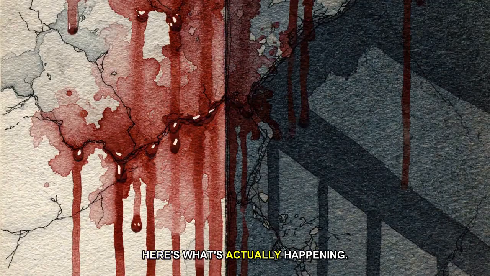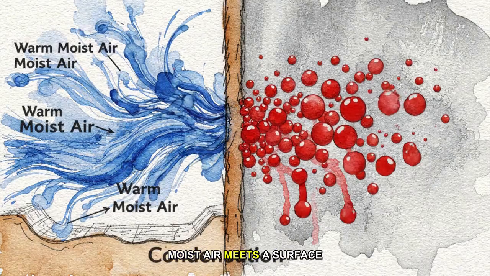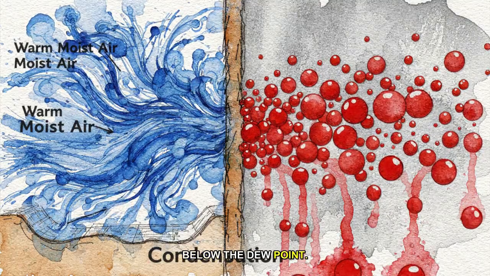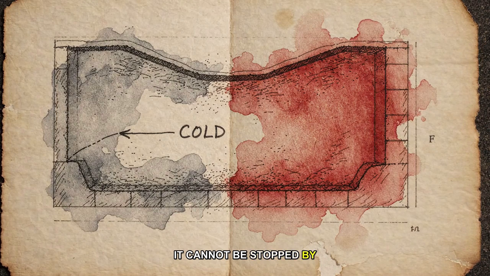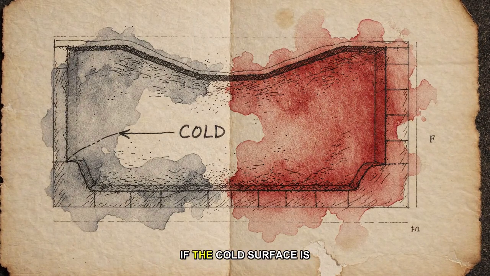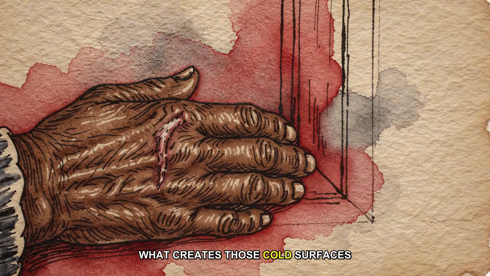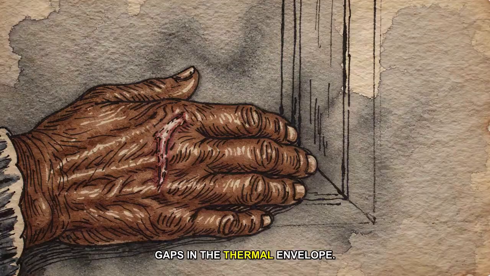Here's what's actually happening. Condensation forms when warm, moist air meets a surface cold enough to drop below the dew point. That process is physics, and it cannot be stopped by drying the air alone, if the cold surface is still there. What creates those cold surfaces inside a heated building? Gaps in the thermal envelope.